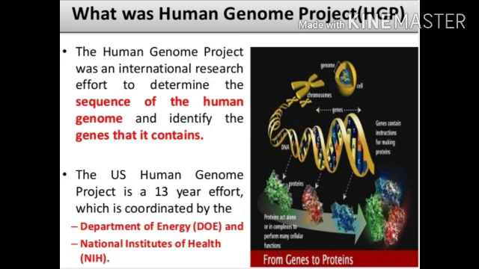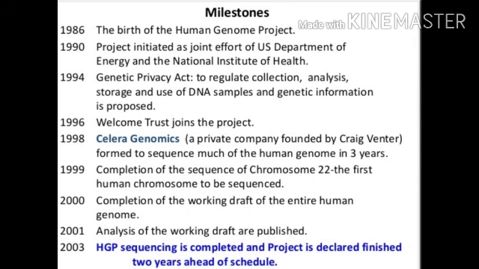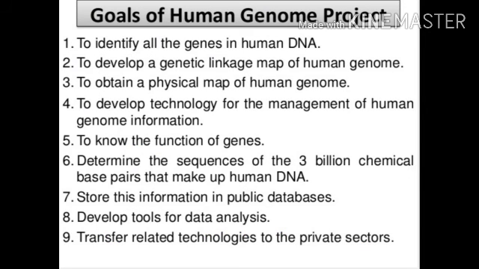In this image you can see proteins are formed from the genes. After that there are some milestones from which you can get information like the birth of HGP and when it was completed.